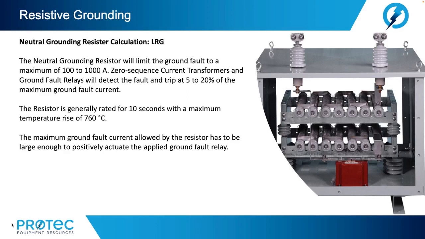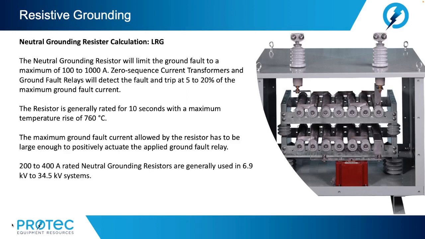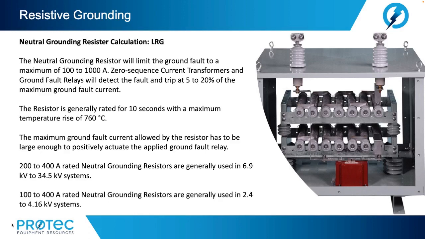The maximum ground fault current allowed by the resistor has to be large enough to positively actuate the applied ground fault relay. 200 to 400 amp rated neutral grounding resistors are generally used in 6.9 kV to 34.5 kV systems. 100 to 400 amp rated neutral grounding resistors are generally used in 2.4 to 4.16 kV systems.